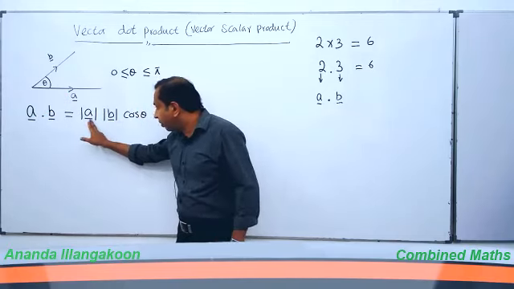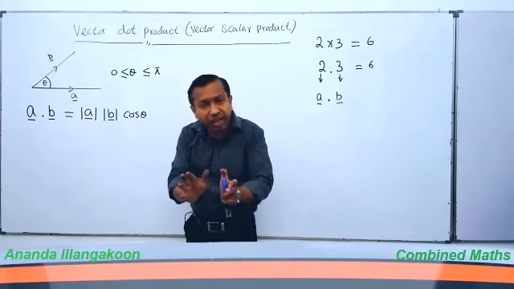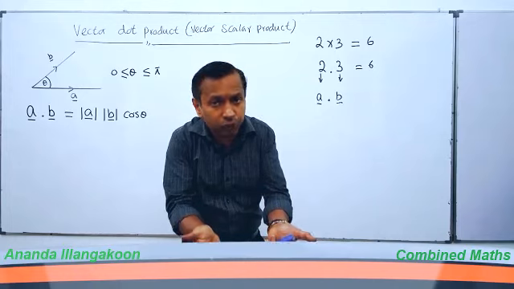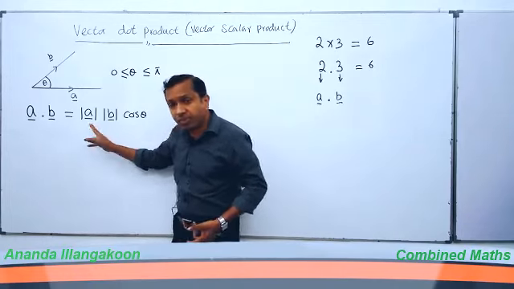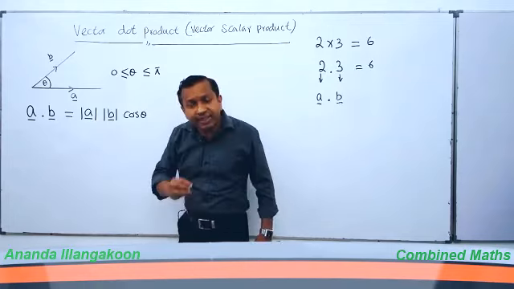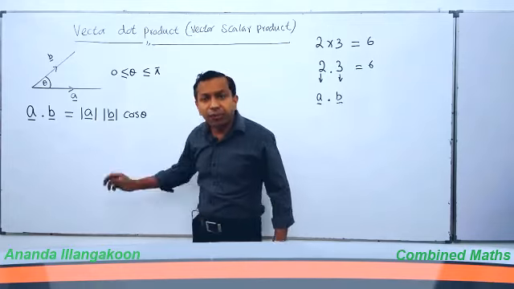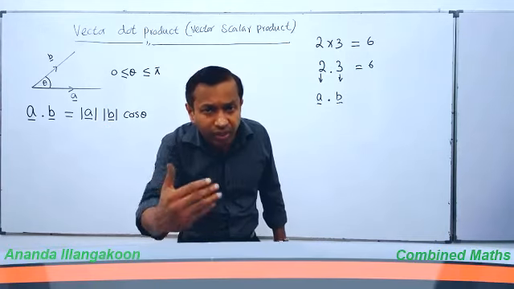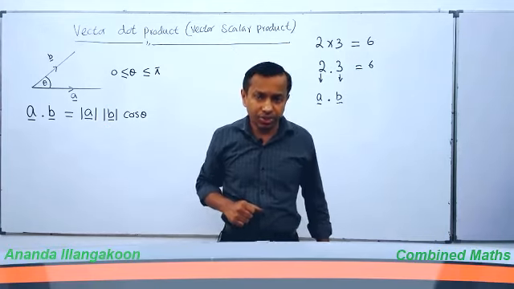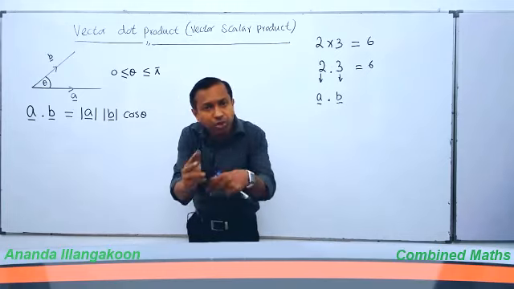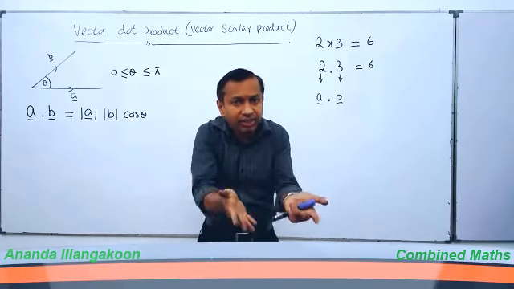On the right hand side between these values, we have the usual multiplication we use in day-to-day life. Why? Modulus of A means the size of A, a real number. Modulus of B is a size, a real number. Cos theta is a real number that can take a value between -1 and +1. So on the right hand side, we have the usual multiplication because they are scalars.